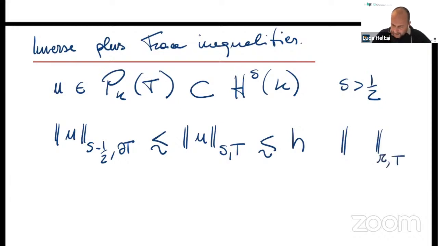So now what I have here is h to the power r minus s, times the H^r norm of u on T, and this is for every u in P_k. What this shows you is that you pay with a fractional power of h. So let's assume that r minus s is equal to 1/2 in this particular case, so that you have back the same type of norms that you have with s minus 1/2 here.